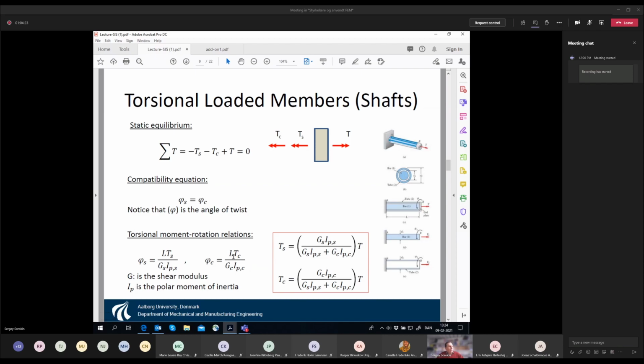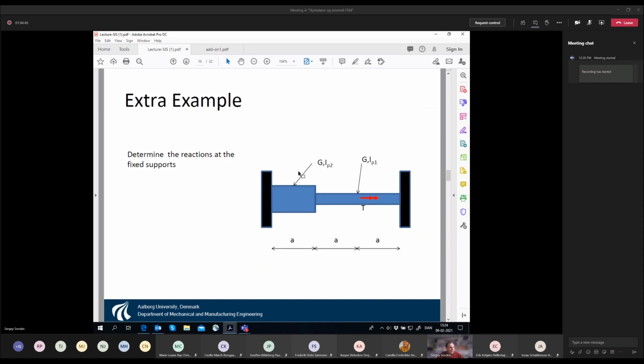So we have this formula. And then if we substitute these things here, we find the relation between Ts and Tc. And then if we substitute it here, we solve it for Tc and Ts. So this is the first case with torsion.